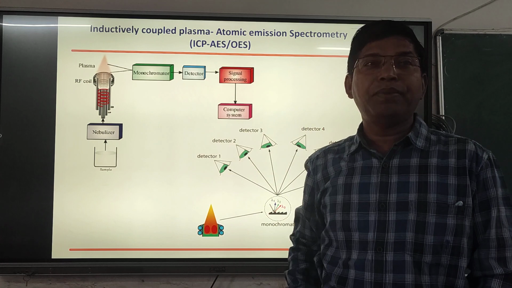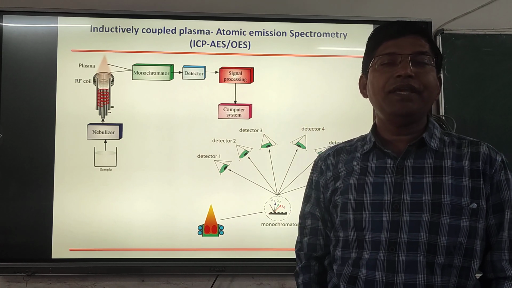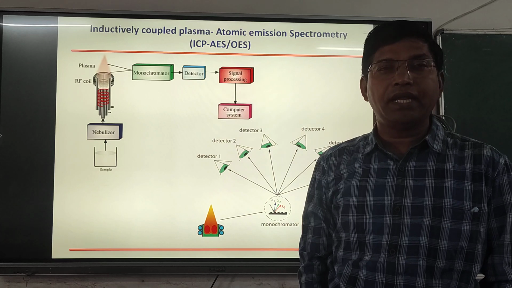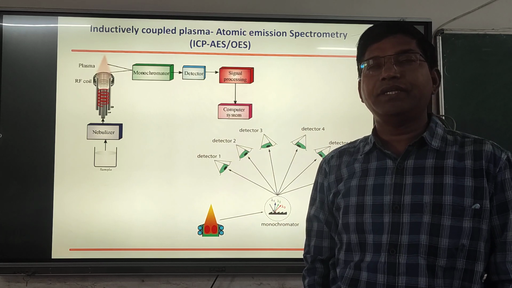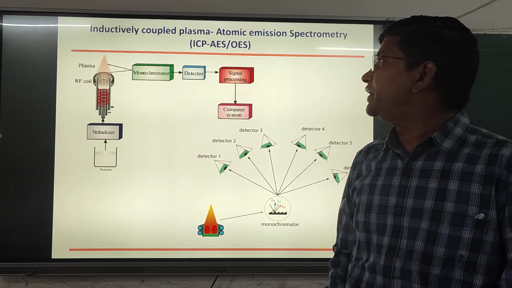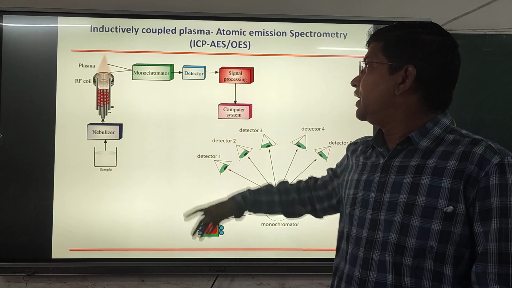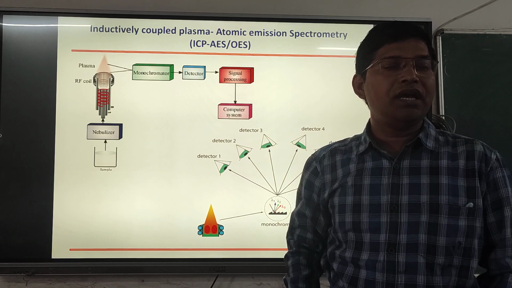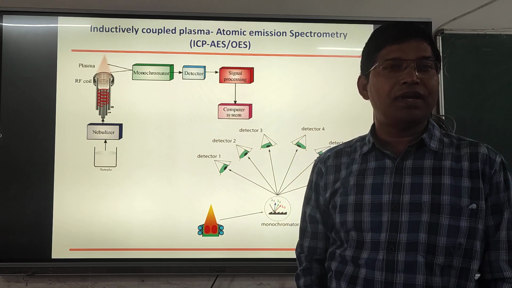But here the plasma will be used as a source for, we can say, volatilization, drying, and atomization of the element present in the sample. In the previous class we have seen what a plasma is.